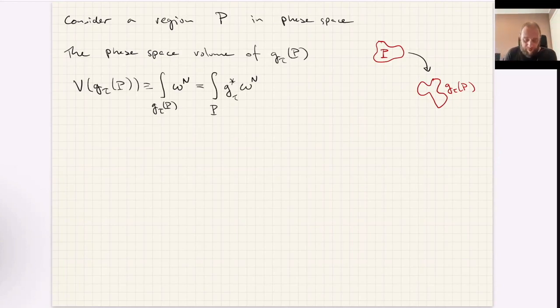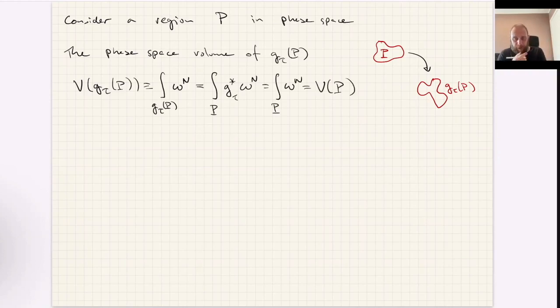But we know now that omega was preserved by this flow. So without any further ado, we can write this as the integral over P of omega n, which was just the volume of P itself.